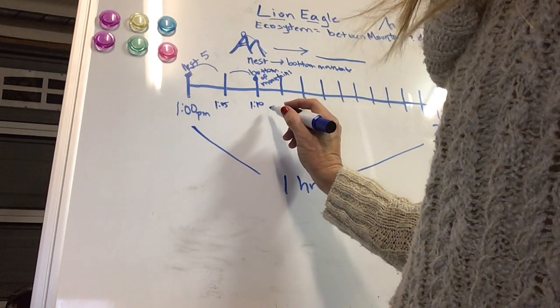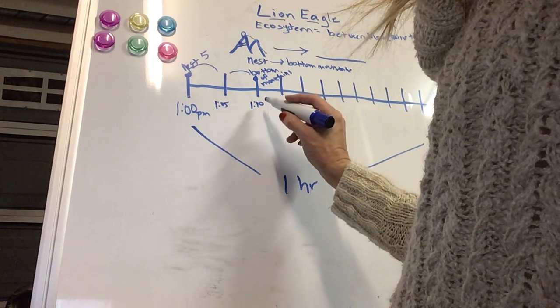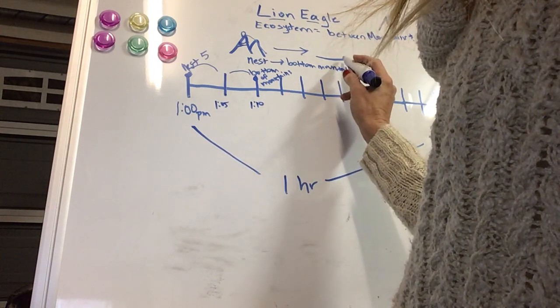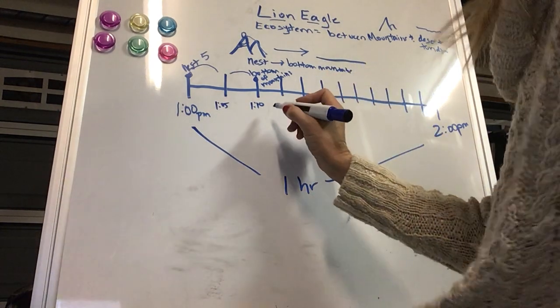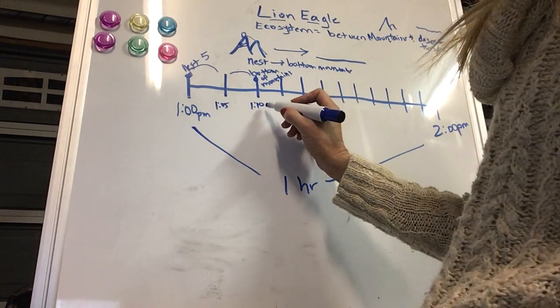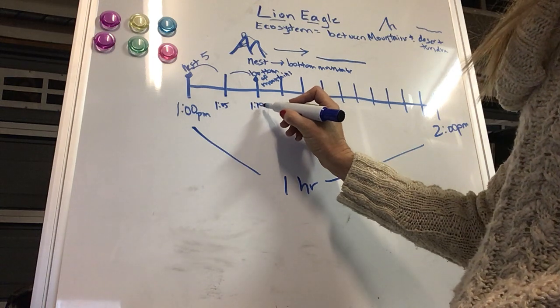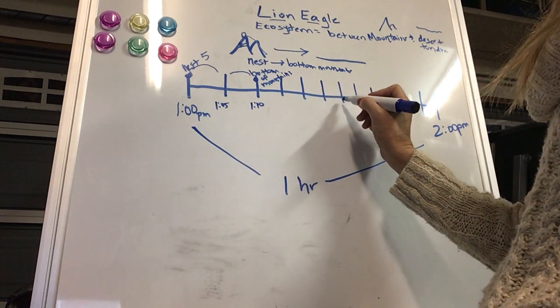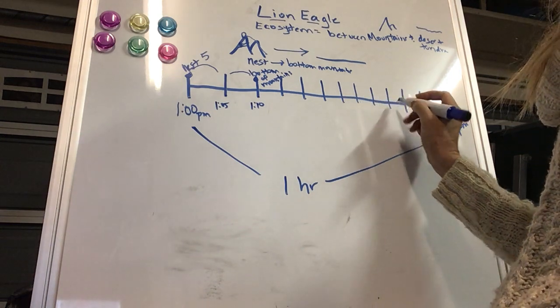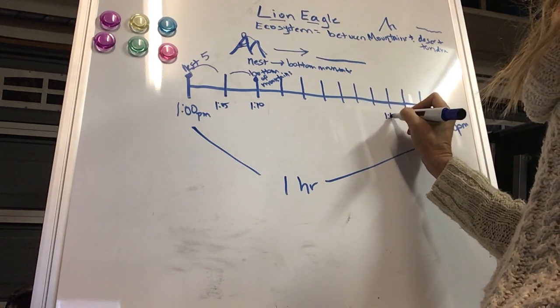So that's 10 minutes. And then it's from the bottom of the mountains all the way to the tundra desert floor. I'm going to say that took her 45 minutes. So 10, 15, 20, 25, 30, 35, 40, 45. So 1:45.